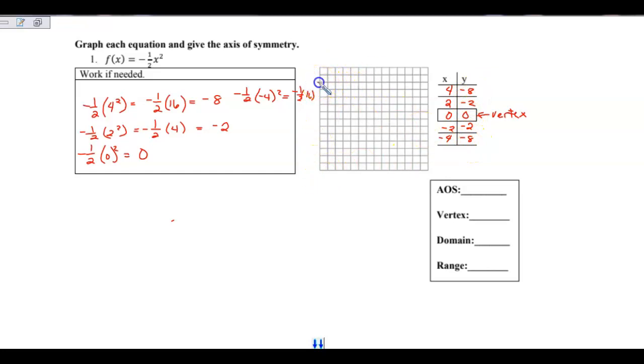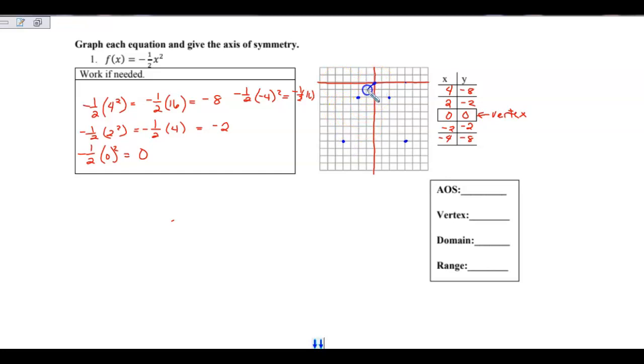So I am going to draw my lines for my axes, and then plot my points. I have 4, -8, 2, -2, 0, 0, -2, -2, and -4, -8.